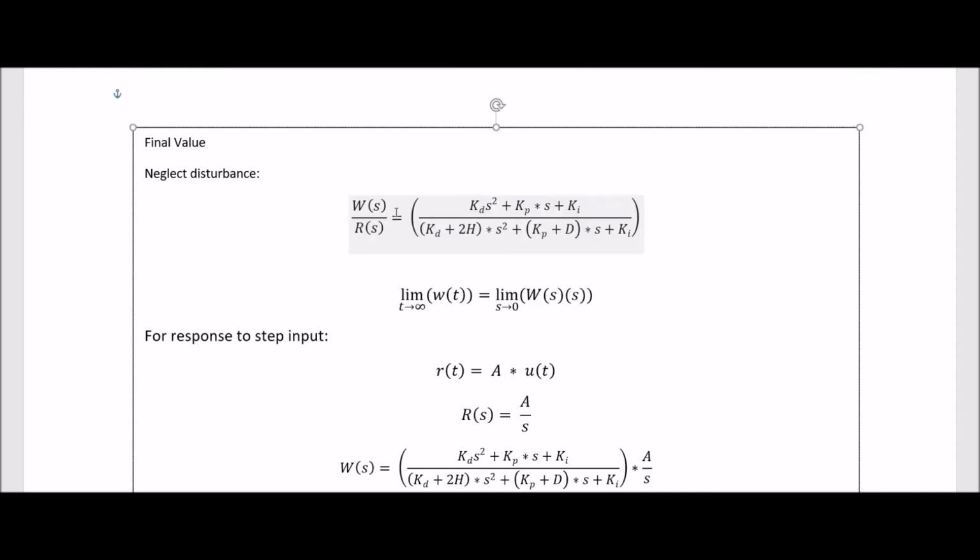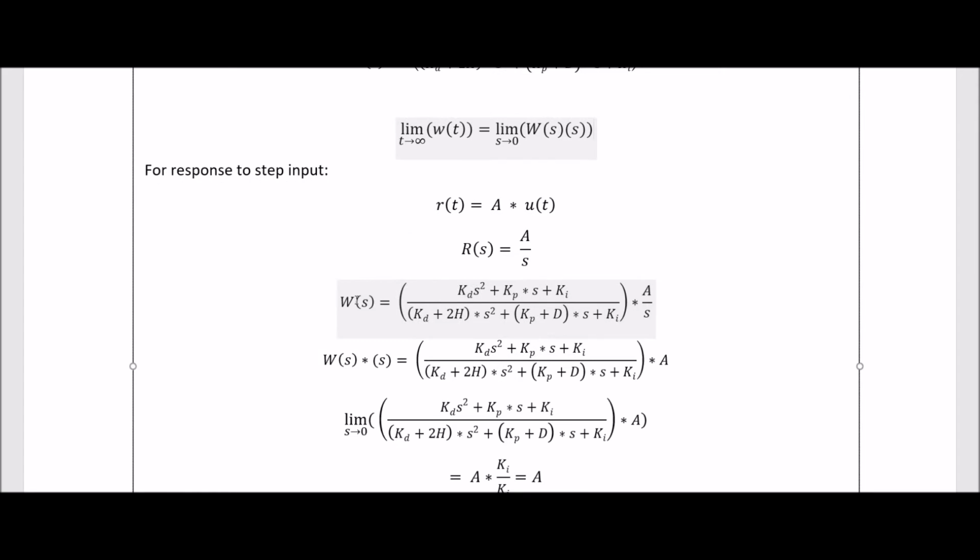So for response to step input, r of t will equal A times the unit step function. And we know that R of s should equal A over s, and A is just an arbitrary input. Okay, so plugging that into our equation here, we get W of s equals the original stuff in the parentheses times A over s. Now, if we move that s over, we get W of s times s, which is what we want to take the limit of.